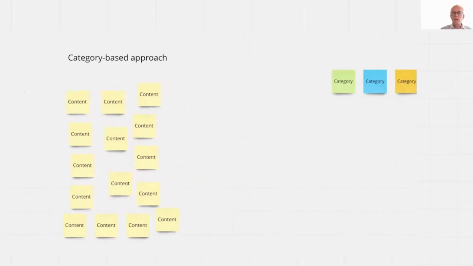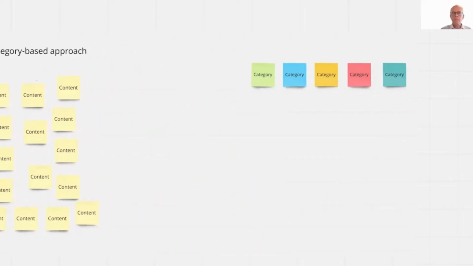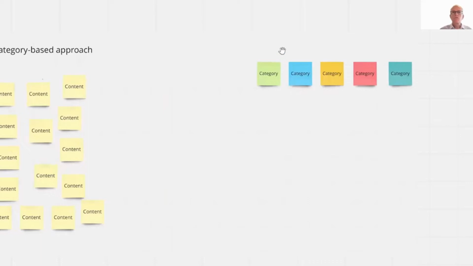So you think of categories, and then you start putting stuff in the category boxes. So you'll think, okay, I'm going to pop that one under this category, I'm going to pop that one here. Oh, there's another one that goes there, and so on.